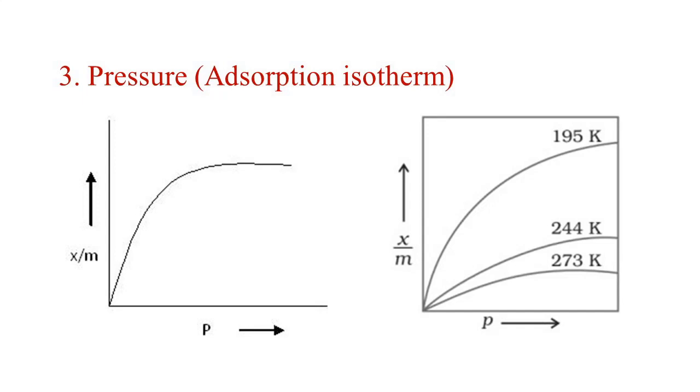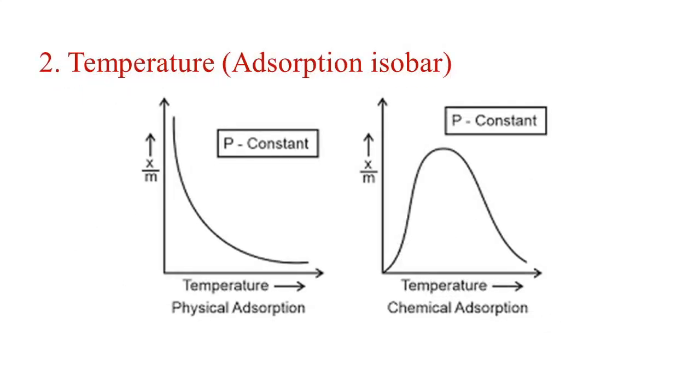Okay. Now, in the previous slide, there is a term adsorption isobar. What is adsorption isobar? Adsorption isobar is a plot that represents the variation of extent of adsorption with the temperature at a constant pressure.